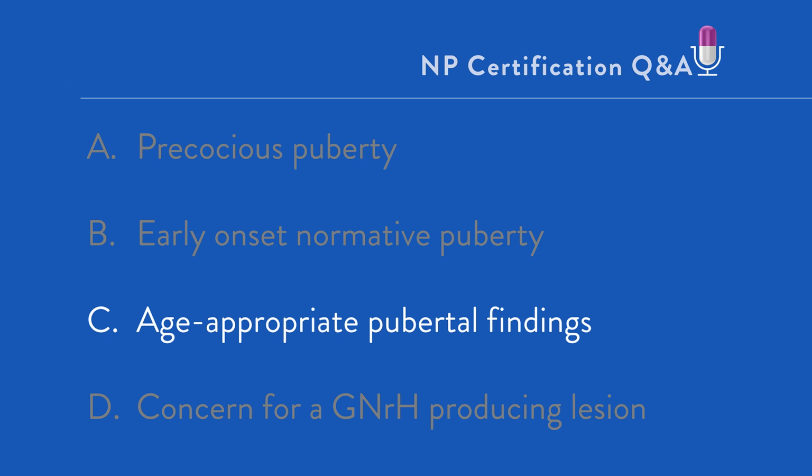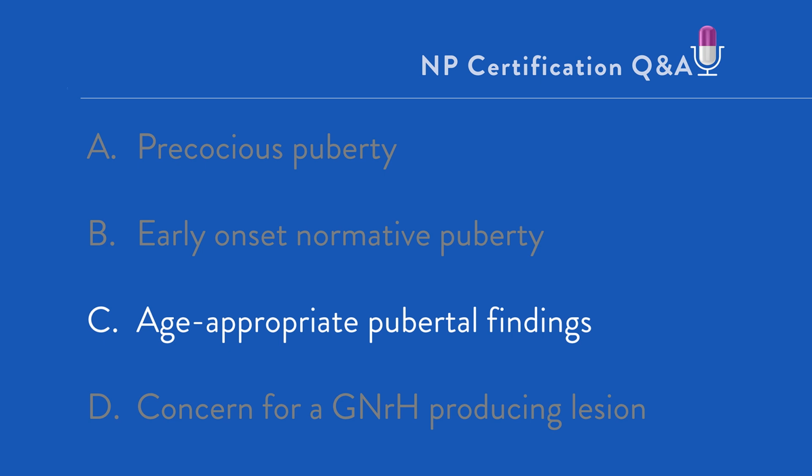Tanner's 1 would be a child with no pubic hair, no growth velocity, and in a female, no breast development, and we know what adult sexual secondary characteristic maturation looks like. What you really do need to learn is what Tanner's 2, 3, and 4 look like.